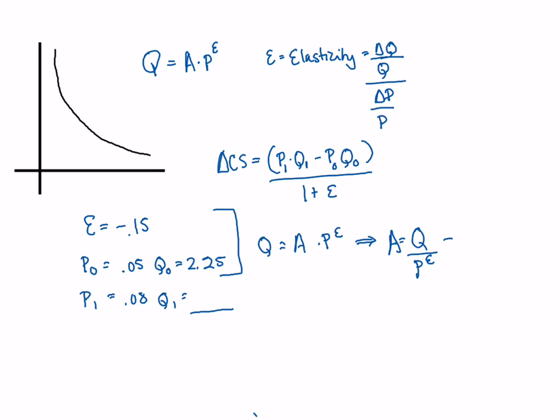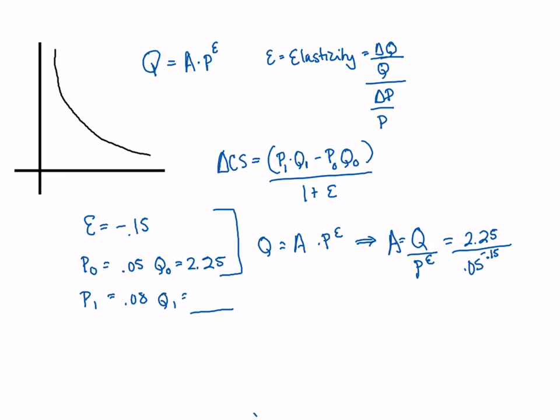So for a given elasticity and a given quantity and price, we can calculate A. In this example, we use the quantity of 2.25 divided by 0.05 to the negative 0.15.